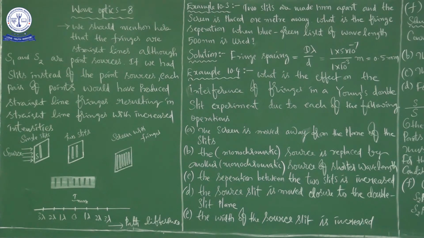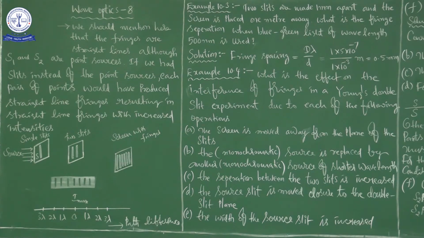So in answering A, there are two things: angular separation remains constant, no change, but the actual separation of the fringes increases in proportion to the distance of the screen from the plane of the two slits.